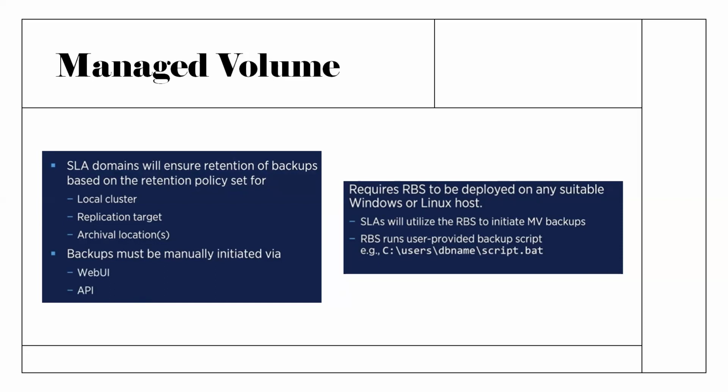If it is SLA managed volumes, it requires an SLA to be assigned to the managed volume. Once the SLA domain is assigned, it will trigger as per SLA domain instructions, like backup start time and all the details will be taken from the SLA domain.